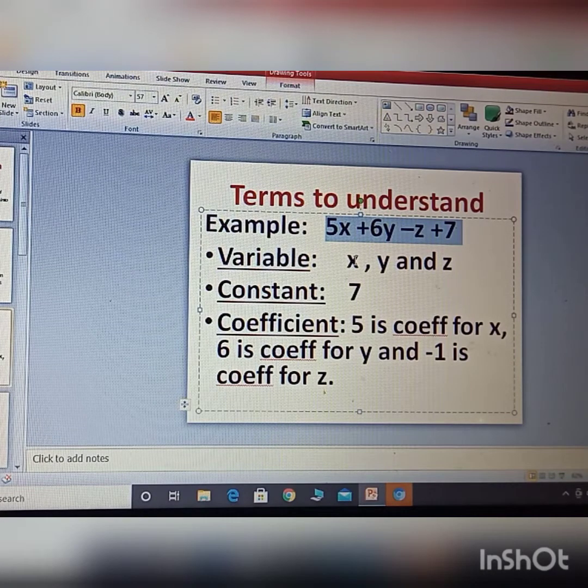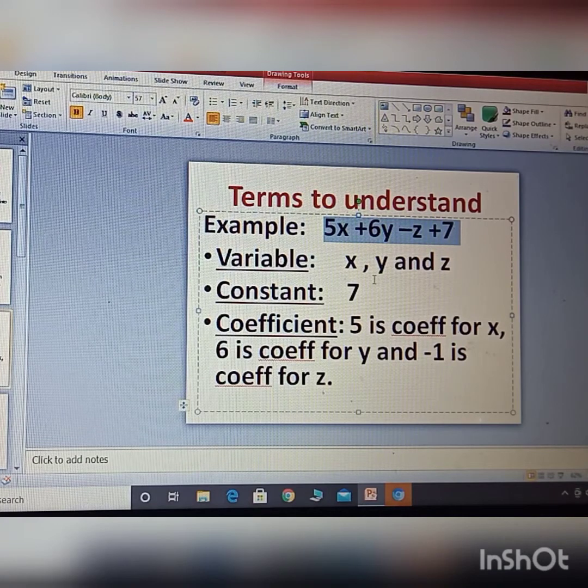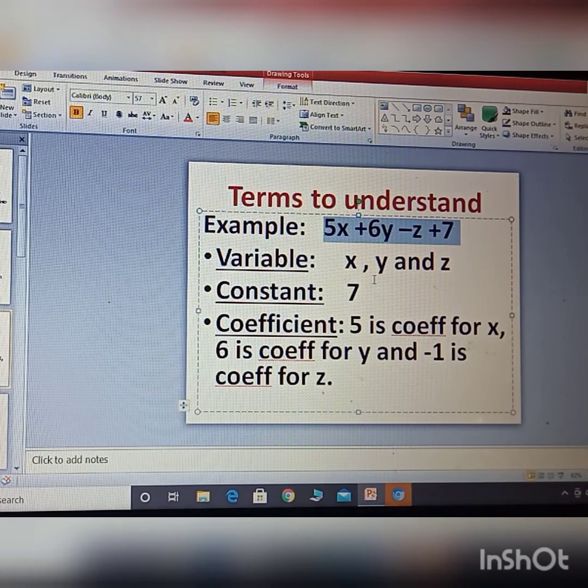Variable means the terms which may vary. So in algebra, different types of letters or alphabets, you can say x, y, z or a, b, c, or any other alphabet, represent such numbers in mathematics which may vary. The word variable comes from variation or vary, which means numbers could be different.